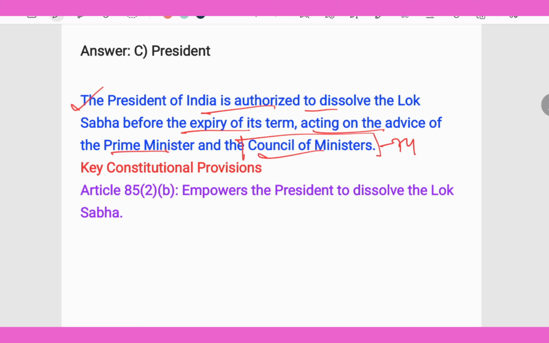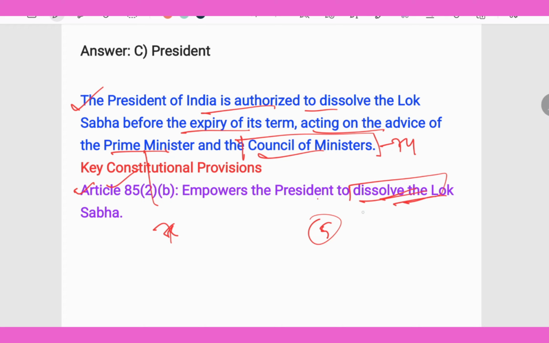Article 74 and article 75. Article 85 empowers the president to dissolve the Lok Sabha. Normally the Lok Sabha is dissolved every 5 years and the new election can take place.